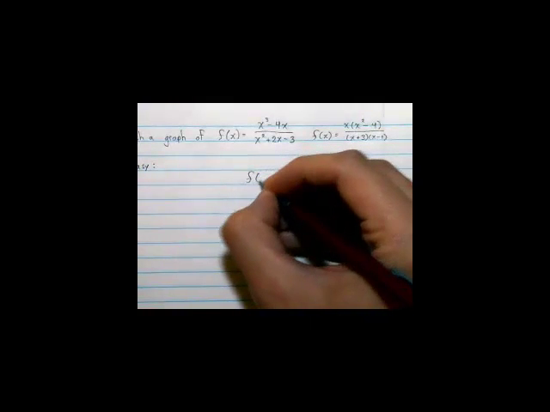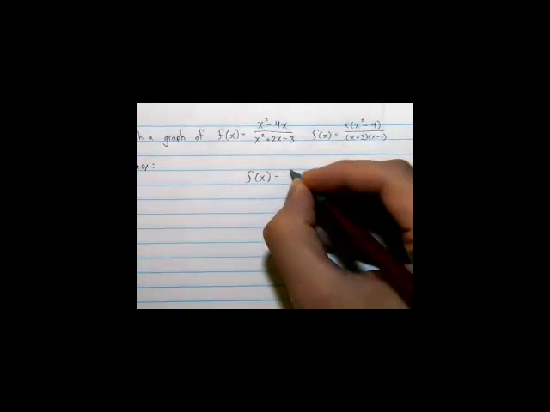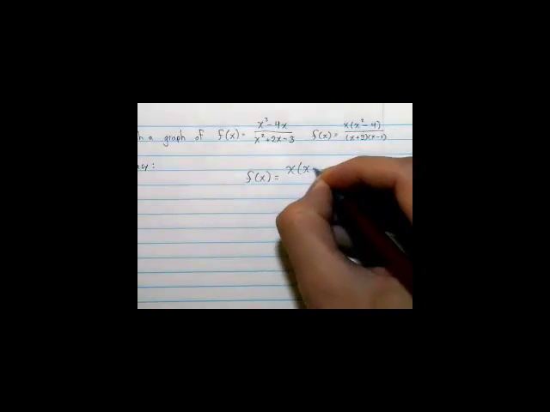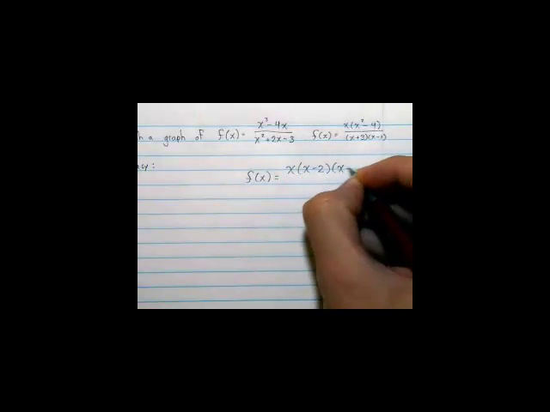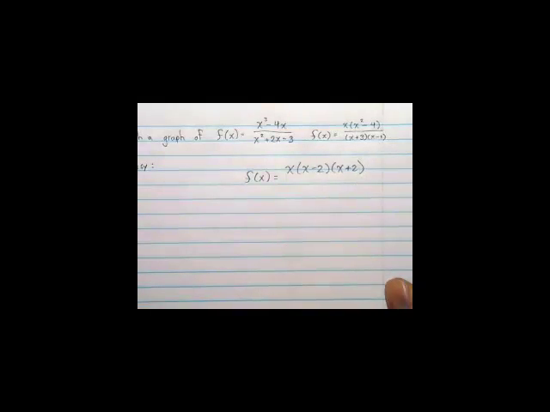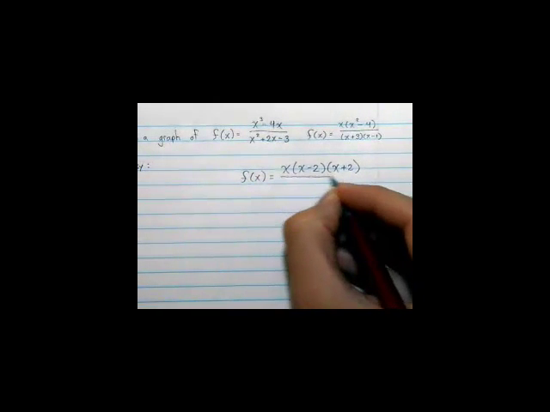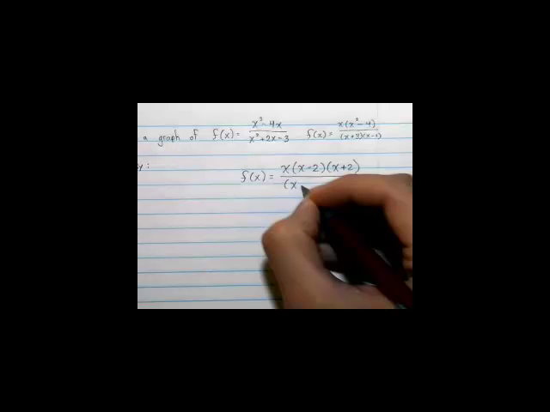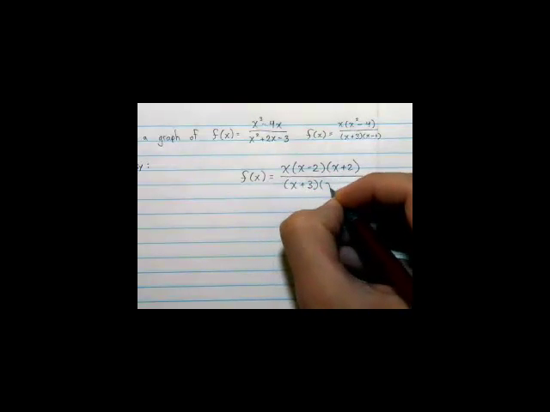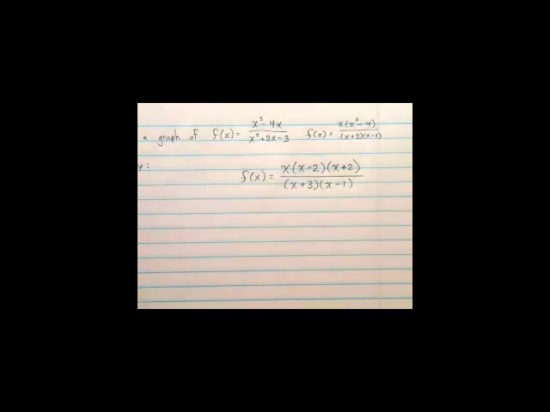I'll make it nice and big so we can see it. X times x minus 2 times x plus 2 divided by x plus 3 times x minus 1. Okay, so, like I said, a lot more going on in this one than the last one. So, let's see if we can look at that and get all the information that we need.